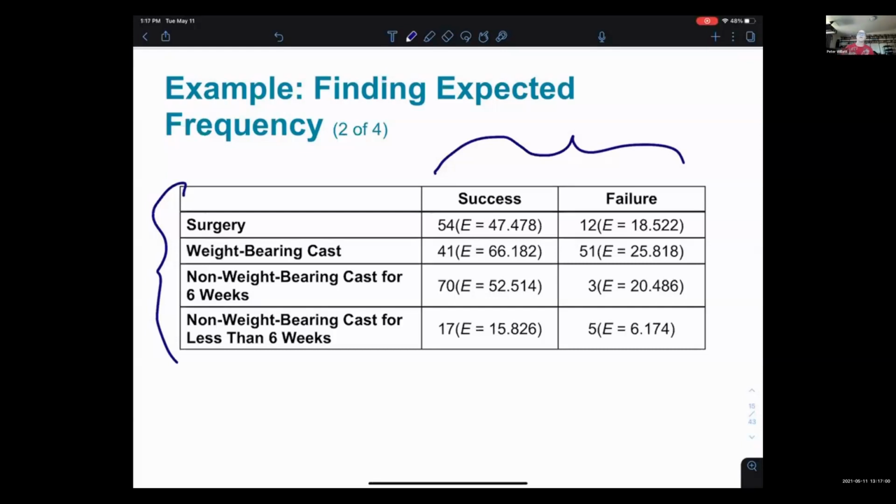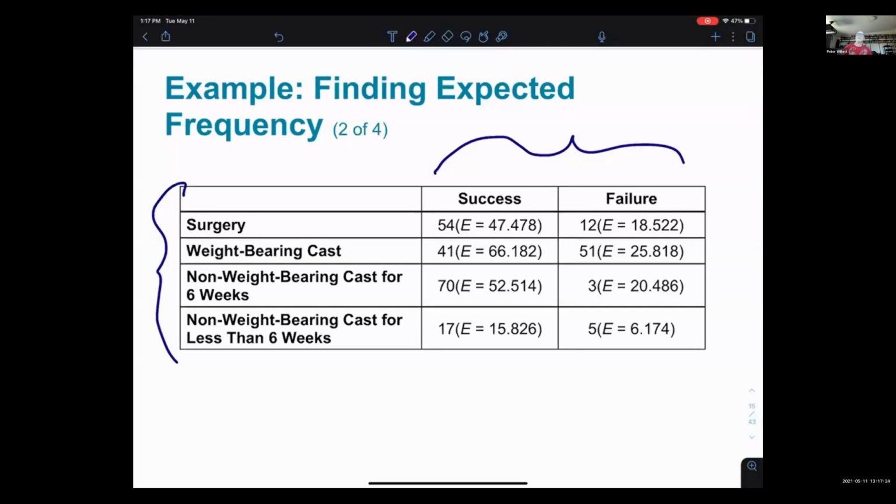All right, so the E in each cell is what we would expect to see with the amount of people that were sampled here if the type of treatment had no dependence on success or failure, or vice versa. If success or failure, I should say, had no dependence on what type of treatment you got.